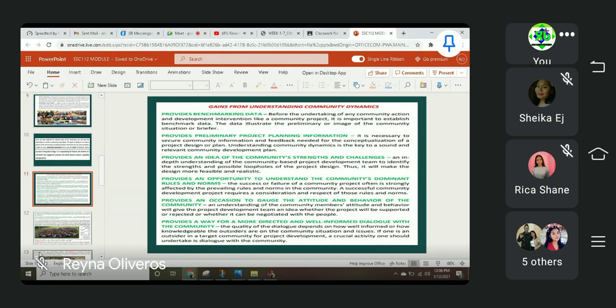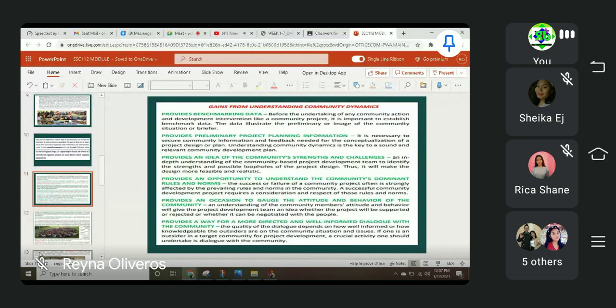So, an in-depth understanding helps the community-based project development team identify the strengths and possible loopholes of the project design. It will make the design more feasible, okay, and realistic.